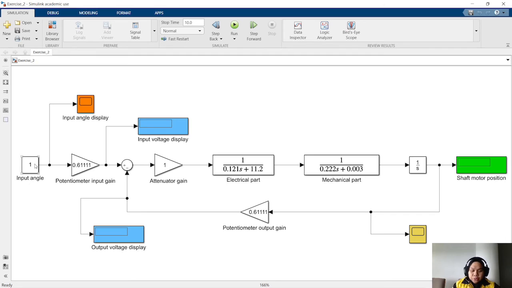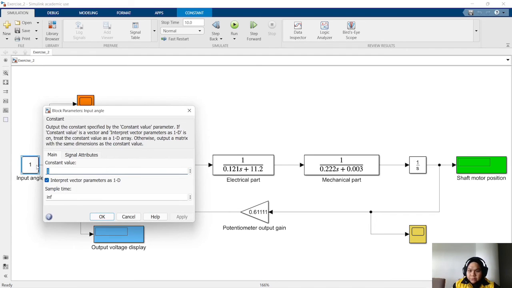So I'm going to show first for the input voltage, which is 5.